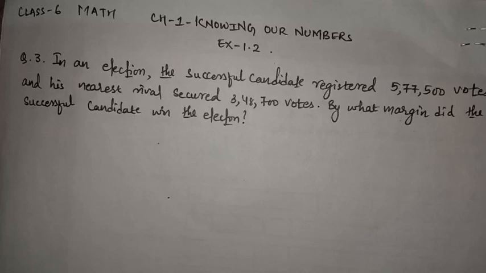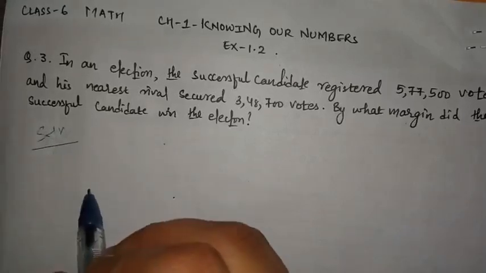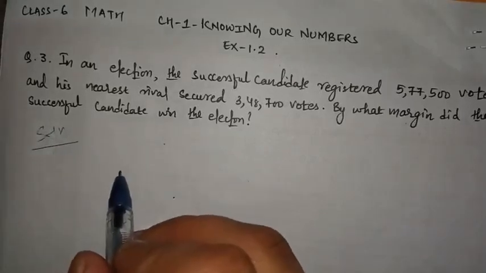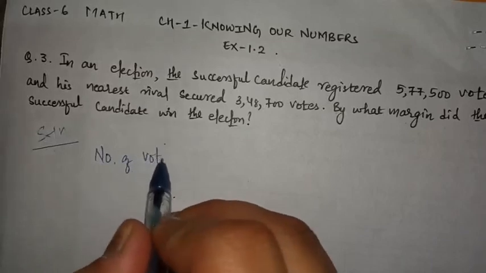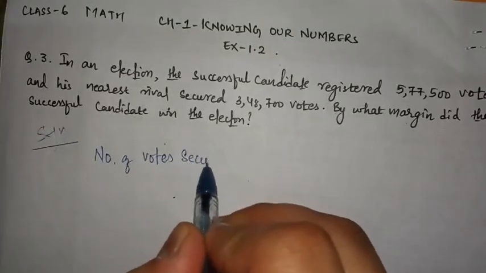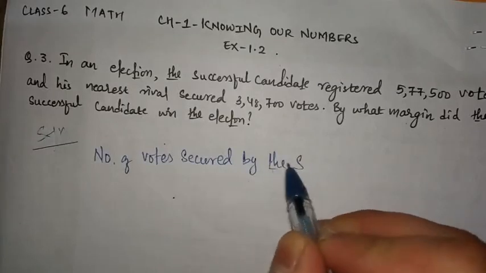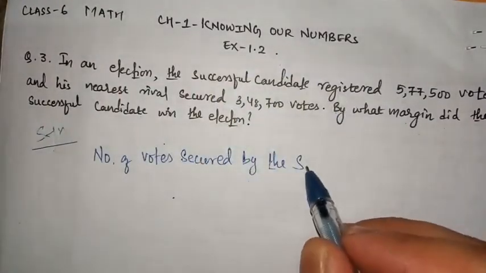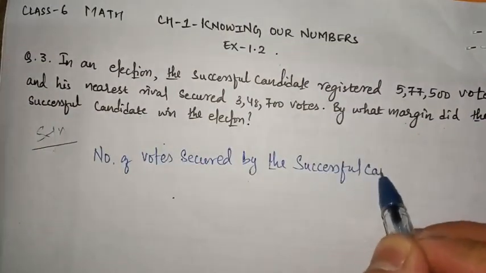As this is a word problem, as mentioned earlier, you need to write the statement. So in the solution, we will write: number of votes secured by the successful candidate, as the first thing mentioned in the question is the successful candidate, how much vote they have secured.